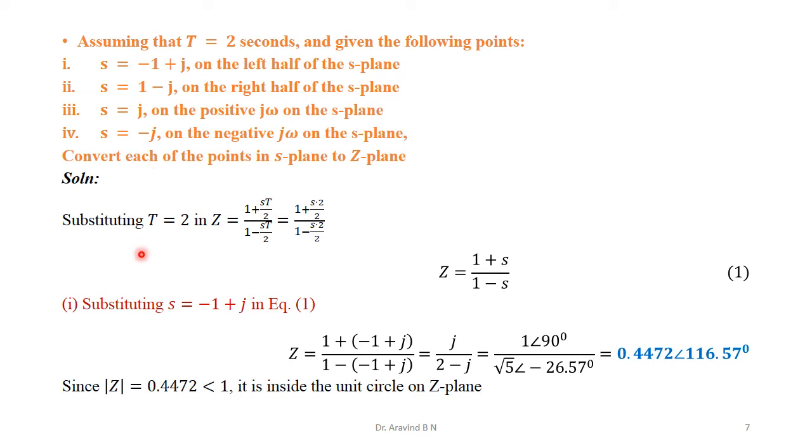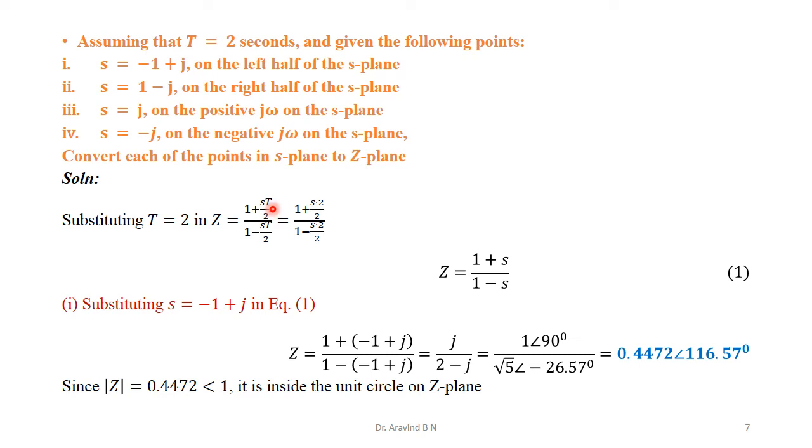So what's the substitution? T is equal to 2 has already been given. So Z is equal to (1 plus sT divided by 2) divided by (1 minus sT divided by 2). In place of the capital T, make a substitution of 2.